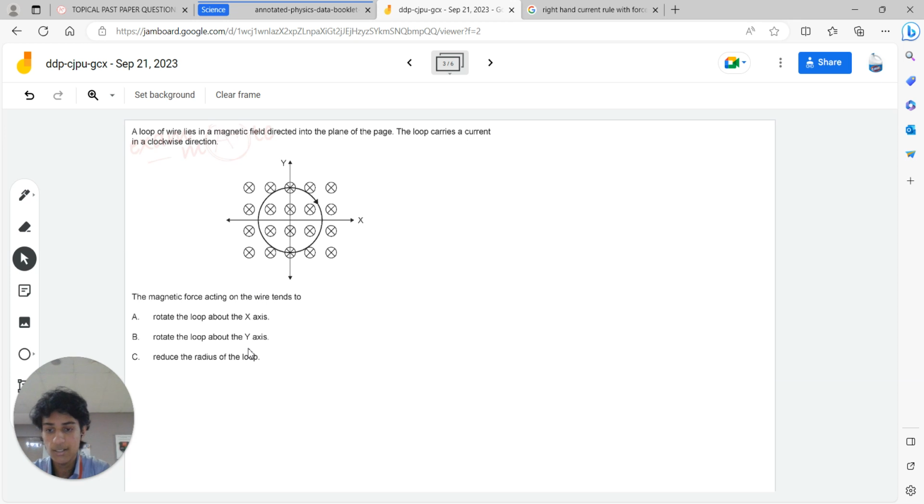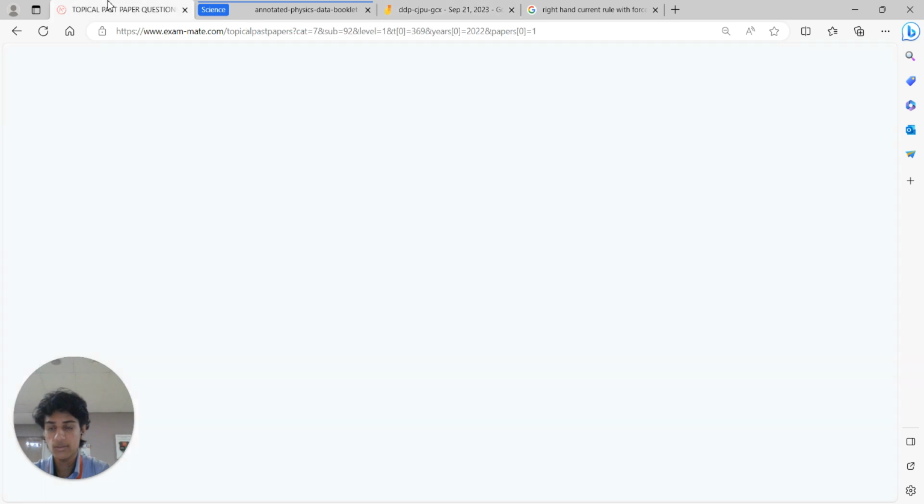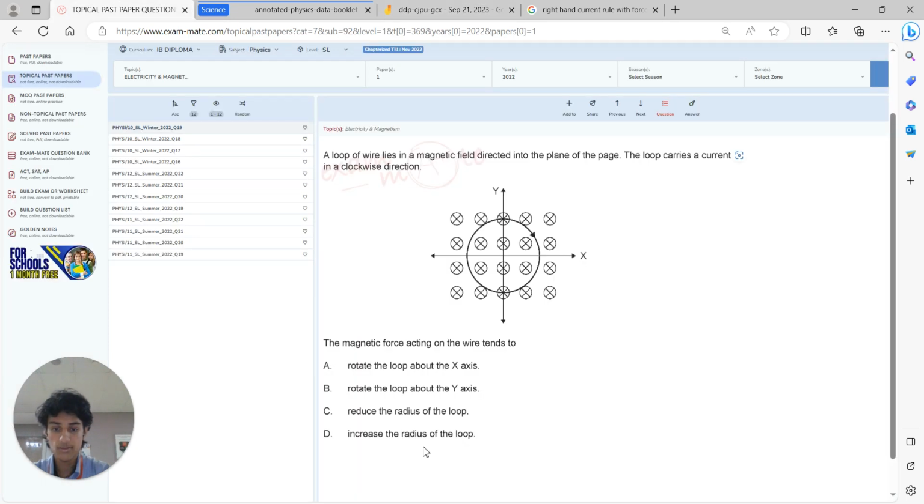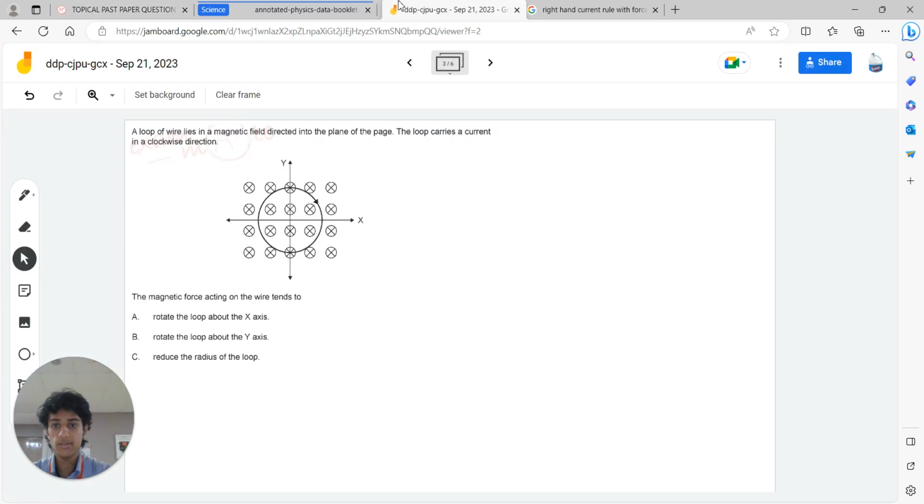That would suggest the radius of the loop is increasing. The options are not mentioned here, but it would be D. If I show you here, this is the same question. So D, increase the radius of the loop, would be correct.